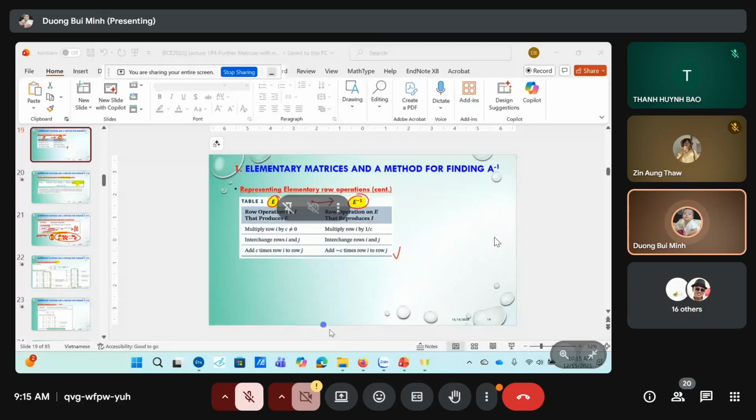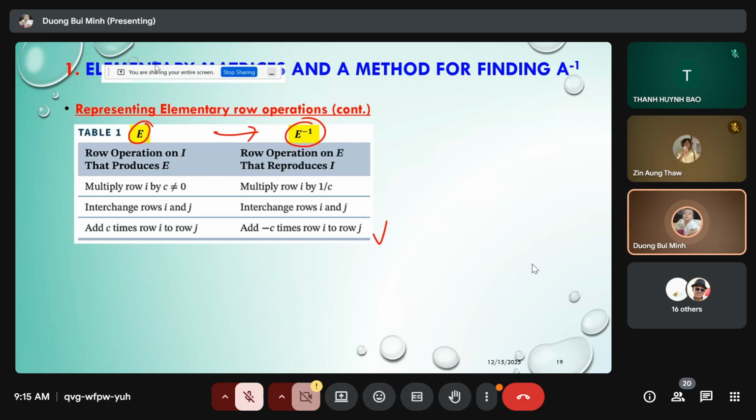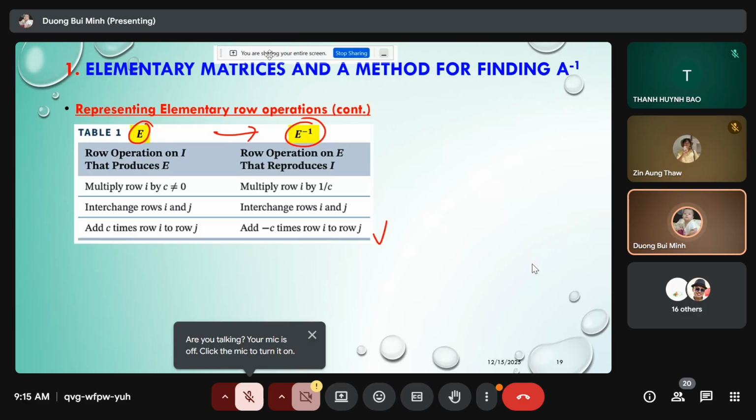Okay, so for today we continue to study lecture 1, part 4. And if we have more free time today, we continue to discuss lecture 2. In total we have 16 classes for this course, and now this is class 8.